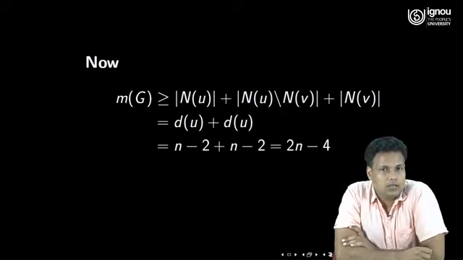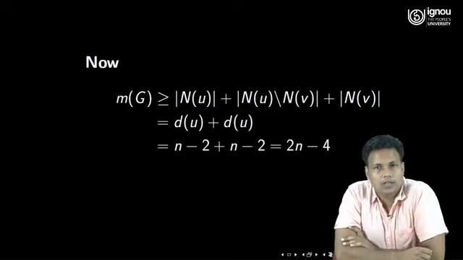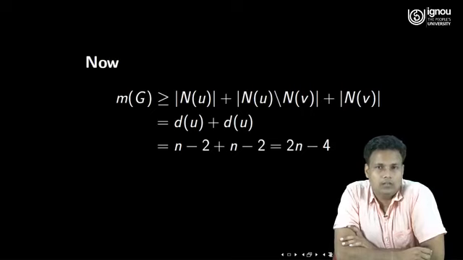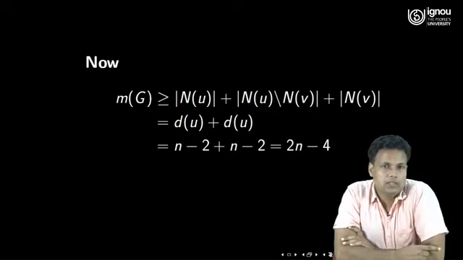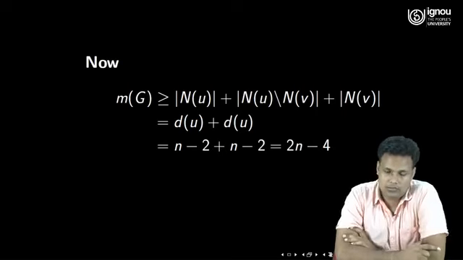The cardinality of N(u) is the degree of u, and the cardinality of N(u) minus N(v) plus the cardinality of N(v) is again equal to the degree of u, which is n minus 2. So we get n minus 2 plus n minus 2, which is equal to 2n minus 4. Thus, we have proved that the graph has at least 2n minus 4 edges.